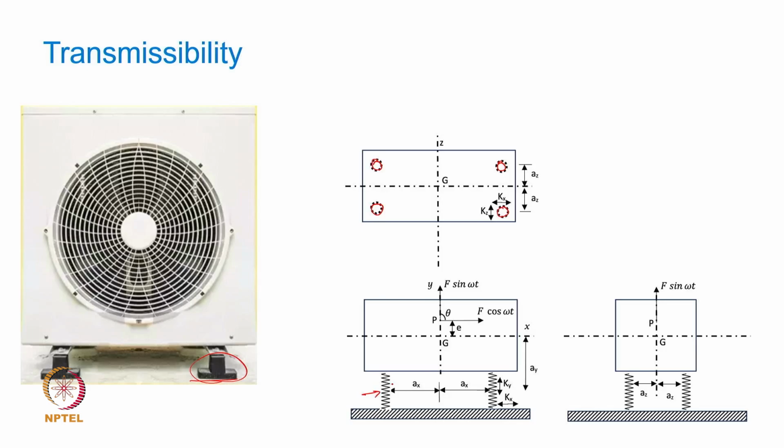Now this spring, even a helical spring, will not only offer stiffness in the vertical direction, but if you fix the lower part and try to push the upper part of the helical coil spring horizontally, it will offer some resistance. So there is a way of finding out the lateral stiffness of a helical coil spring.